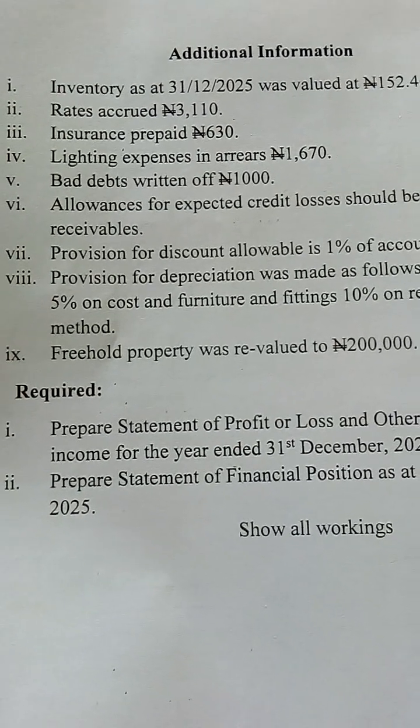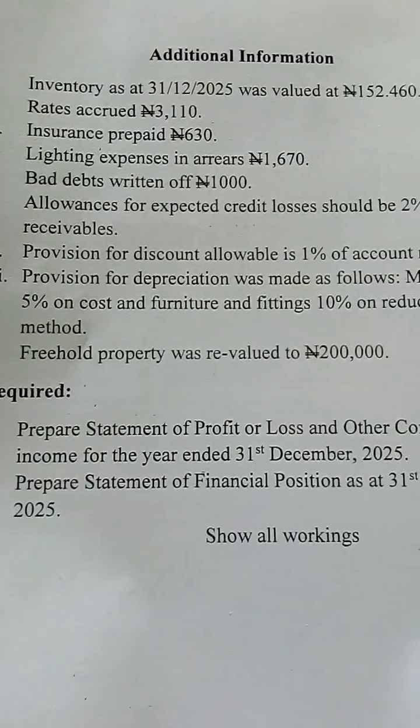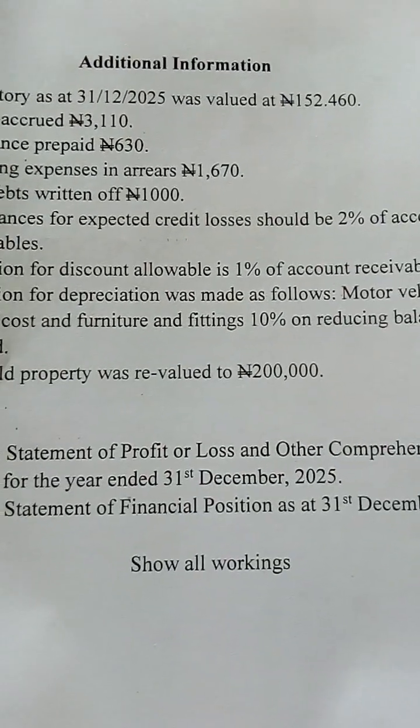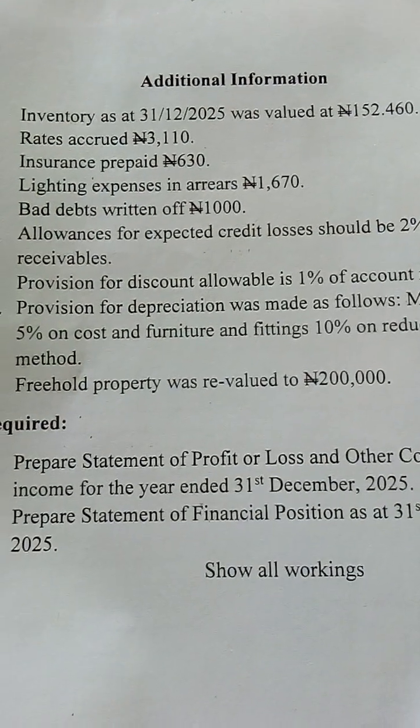The sixth, allowances for expected credit losses should be 2% of account receivables.